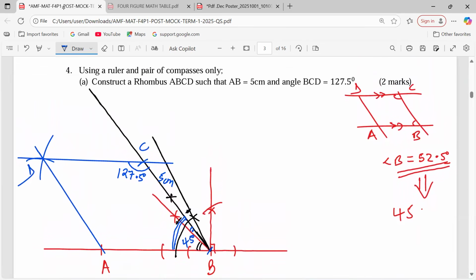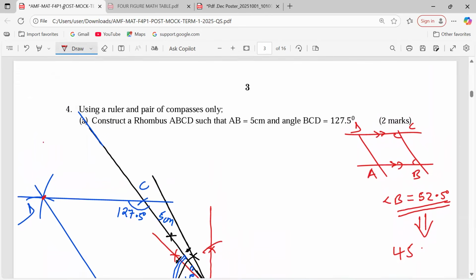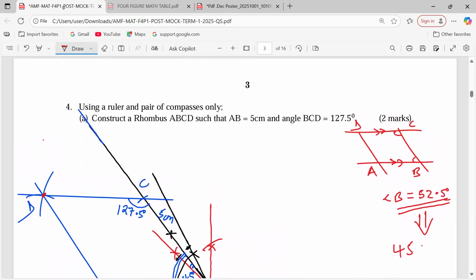So at D to meet BC. That means while standing at N, we can drop a perpendicular. So you stand here and you make arcs. Let me show you. This one is already produced. So you stand at D and you make arcs like this.